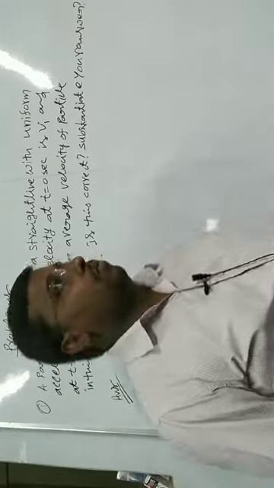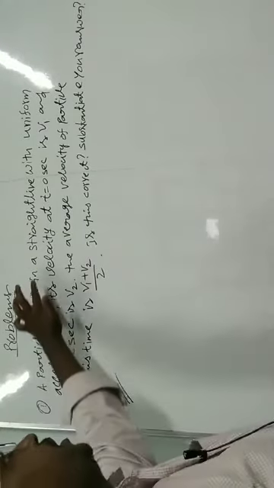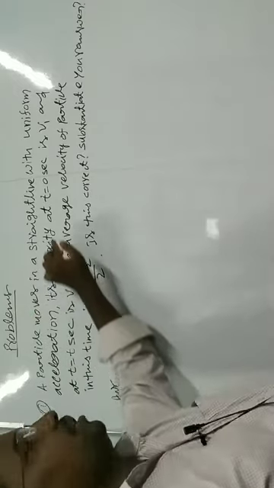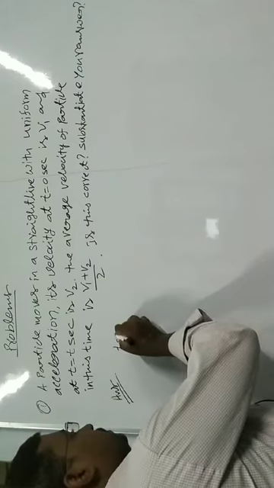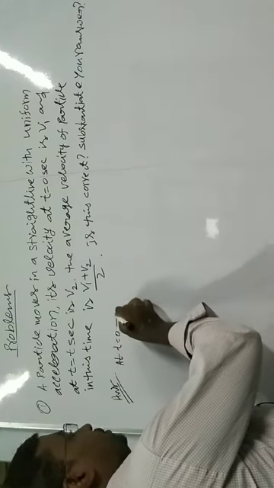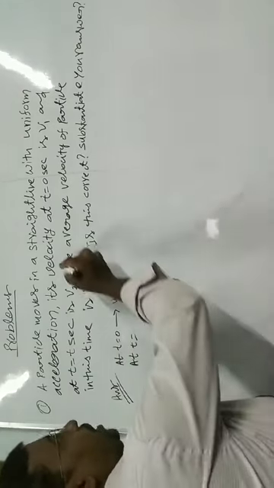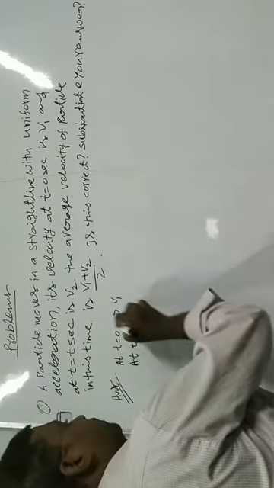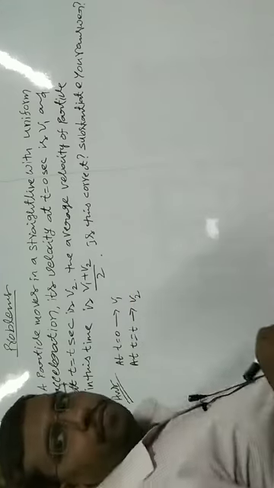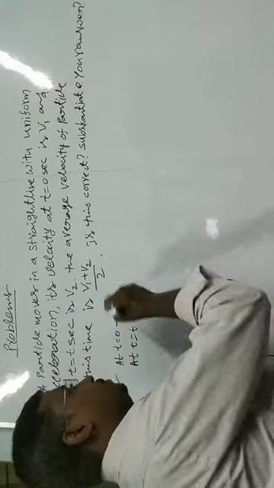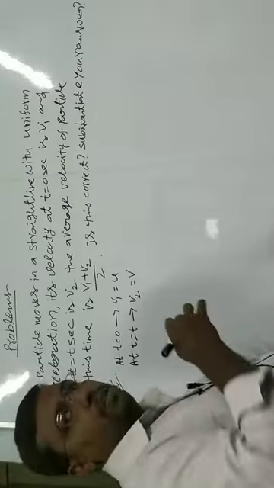First of all, given that a particle moves in a straight line with uniform acceleration. At t equal to 0, its velocity is v1, and at t equal to t seconds, its velocity is v2. Consider v1 as initial velocity u and v2 as final velocity v.